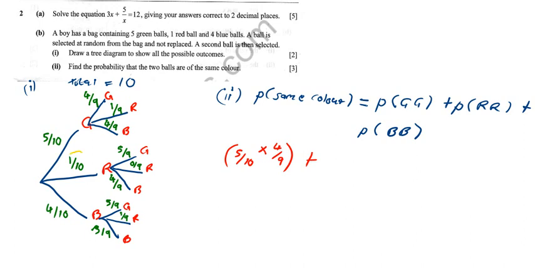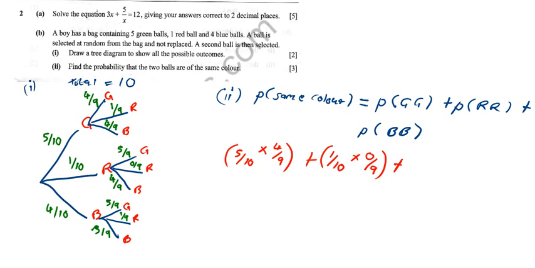Red we have a 1 over 10, multiplied with another red, which is a 0 over 9. So it will be 1 over 10 times 0 over 9, close bracket, plus again probability of black.